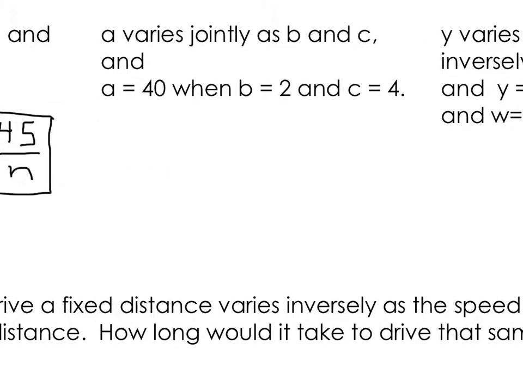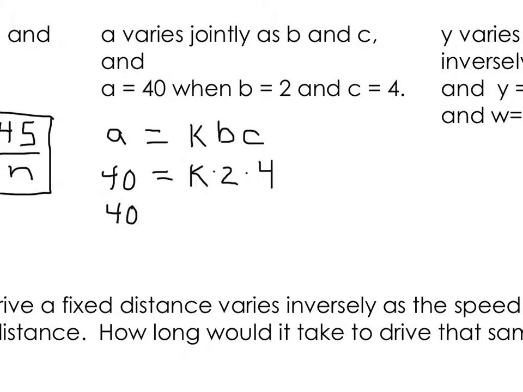A varies jointly as B and C. A varies jointly, that means they're all going up together, as B and C. And A is 40, when B is 2, and C is 4.